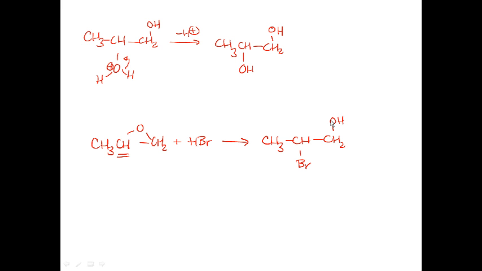Could I now reverse that by using Br minus? And the answer is yeah. If I took that same epoxide and I now added Br minus to this, the Br minus would attack there, pair of electrons would move that way.